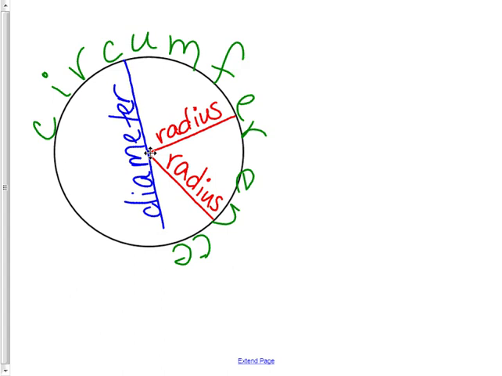And there is a formula for how we find circumference of a circle. The formula for circumference of a circle is circumference is equal to pi times the diameter. Now, you might be going, what the heck is pi? Well, what you need to know is that pi is the relationship between the diameter of a circle and its circumference.